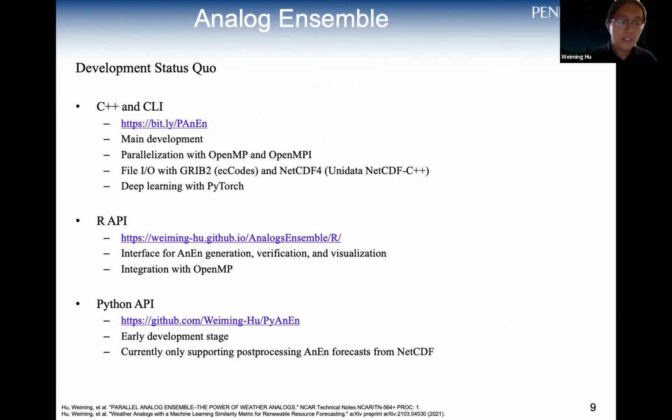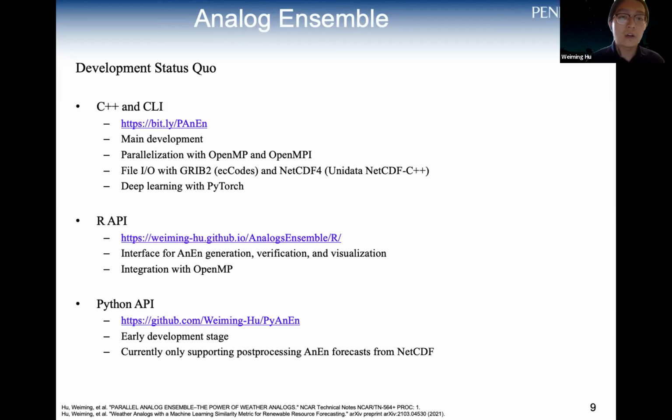Analog Ensemble currently has several years of development now, and its core algorithm is implemented in C++. If you're interested in checking it out, the URL is over there. Right now it's parallelized with OpenMP and OpenMPI, so that it can be run on clusters and supercomputers.